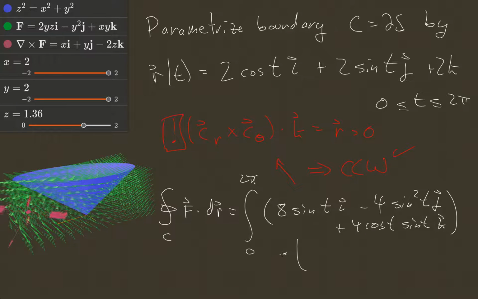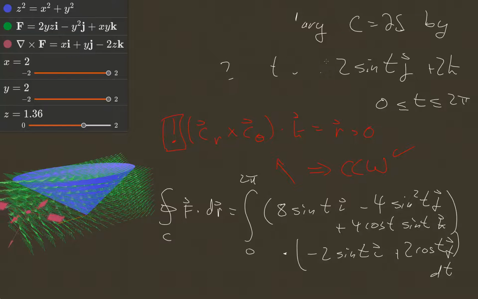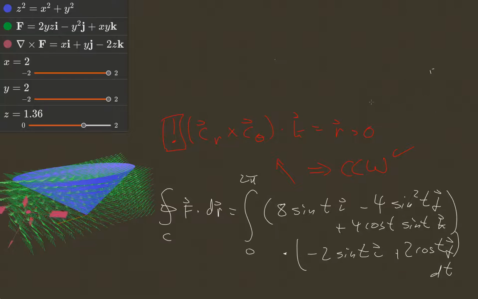We dot that with dr, which is negative 2 sine t i plus 2 cos t j, and no k component, dt.